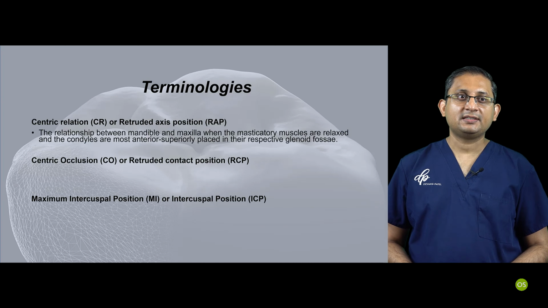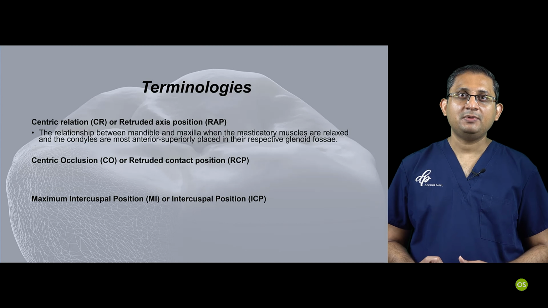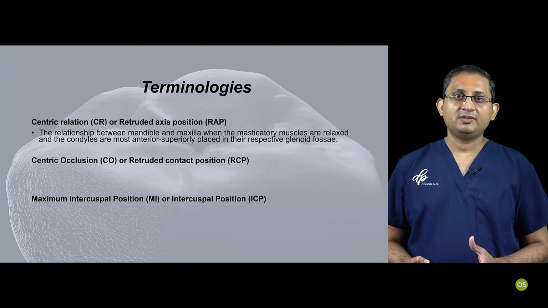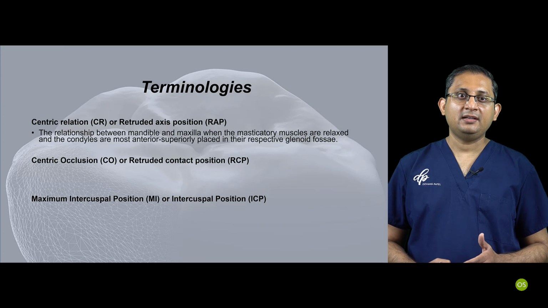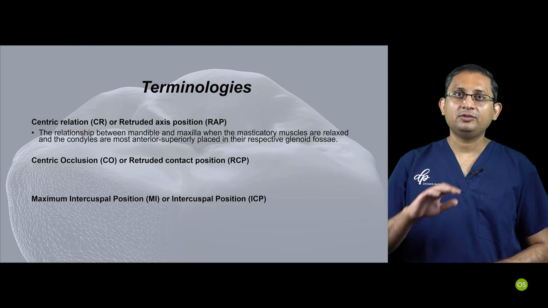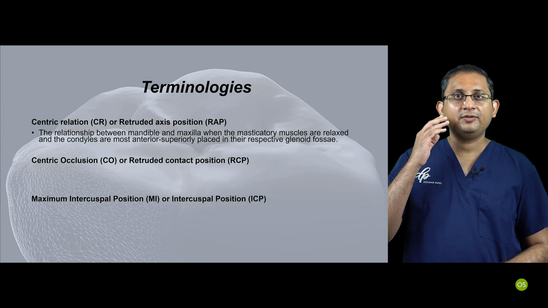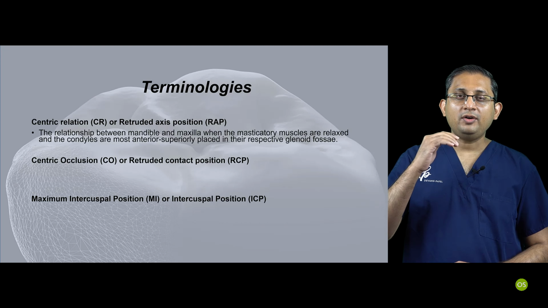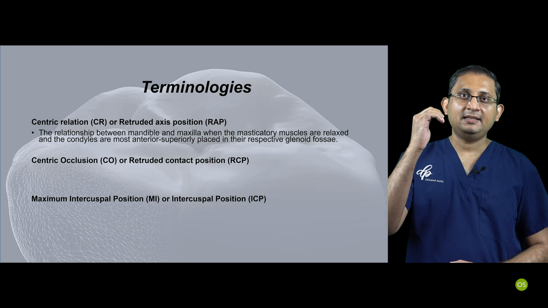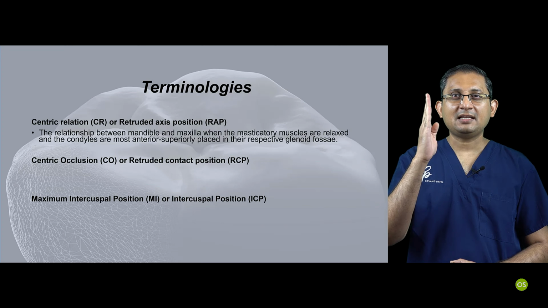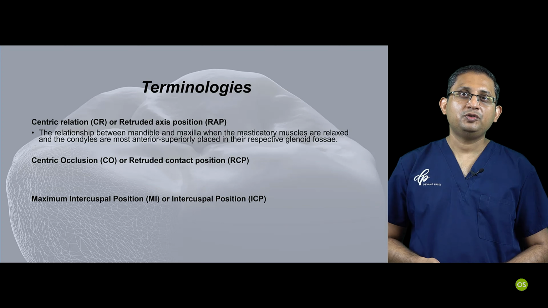So CR, as we discussed, is the relationship between mandible and maxilla when masticating muscles are relaxed, and it's a teeth-apart position where the condyle is in the most anterior-superior position. Because of the inclination of the eminence, the condyle cannot just completely sit on the top superiorly. So it's a slightly superior and anterior position, maybe a 1 o'clock position.